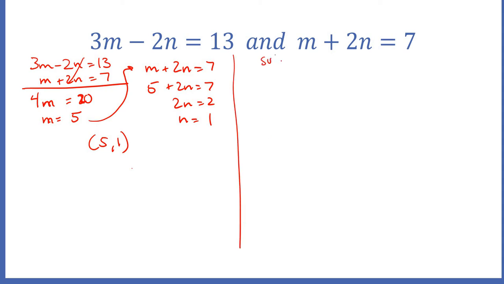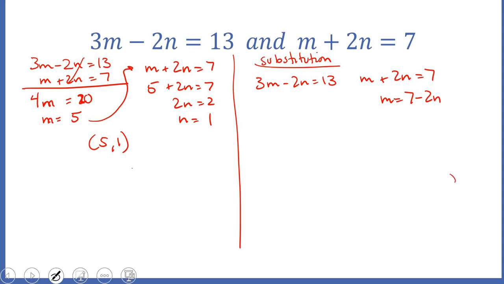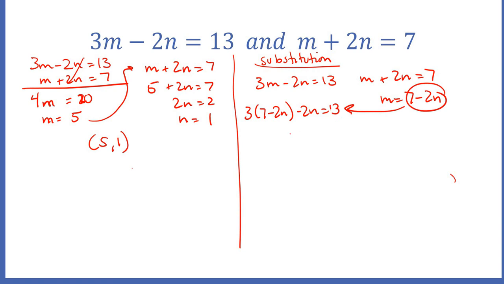Now I want to just take a minute and show the substitution method, because that's what we did before. And again, it doesn't really matter what method we use. And again, if we had graphed this on an xy plane, 5, 1 would be the place where the graphs would meet. All right, so substitution. I'm going to solve this equation for m. I'm going to substitute this back into this side. 3 times 7 minus 2n equals 13.